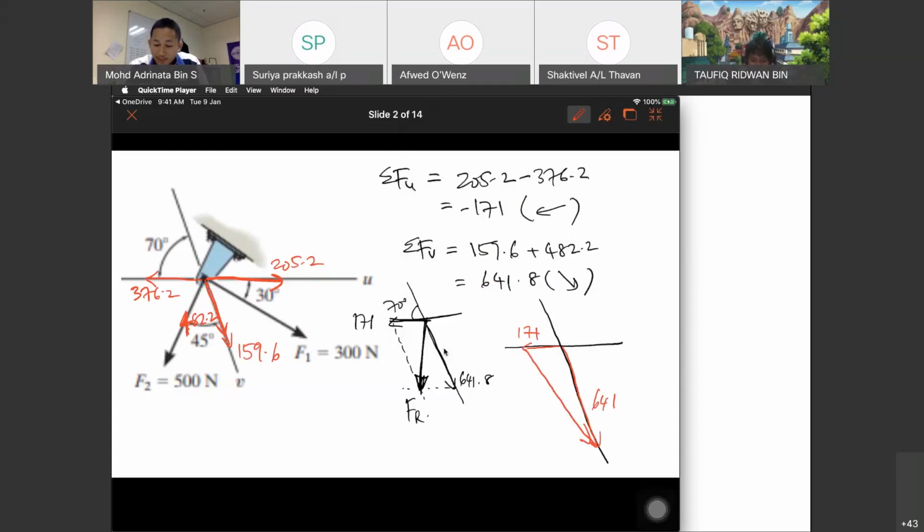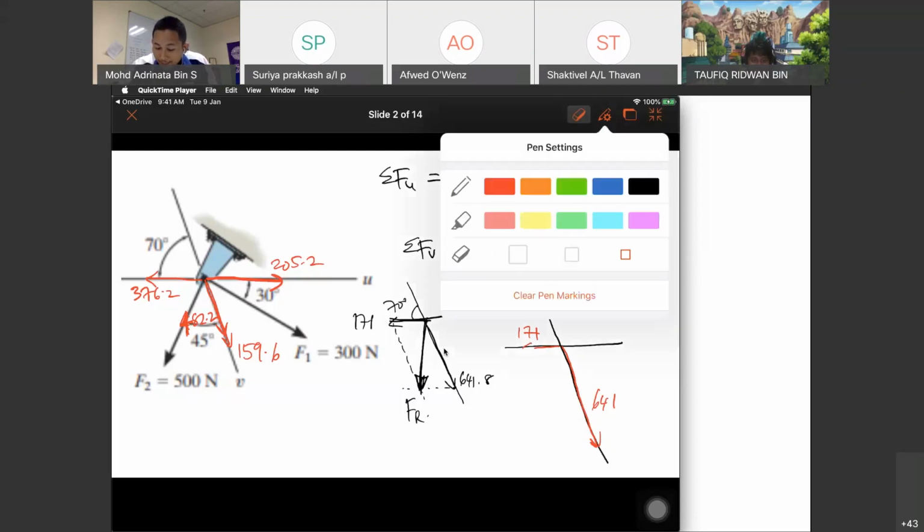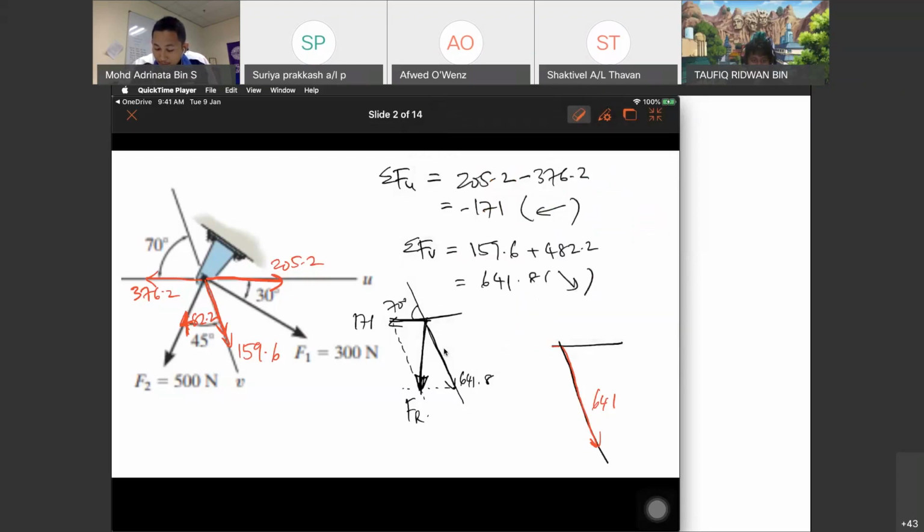Kan, bukan. Sorry. Dia tricky sebab dia punya arah ni. Sekejap. Wait. Ini salah lukis.